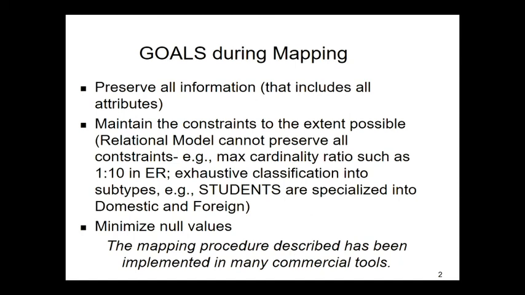Now, the next one it says is to minimize null values. And what again was a null value? Yeah, it's unknown, or it exists, but I just don't know what it is.